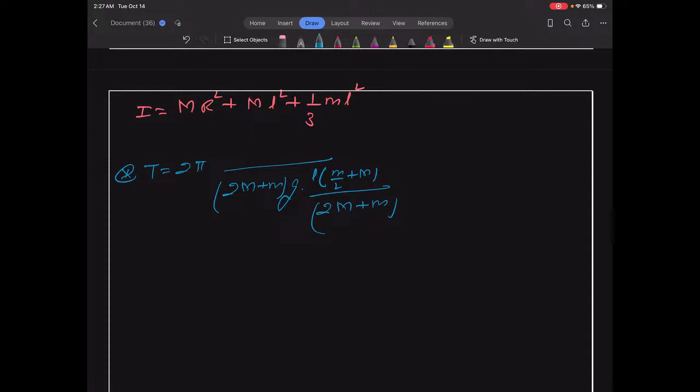And in the numerator, we already did this, so this is our mr square plus ml square plus 1 by 3 small m ml square, and its square root.